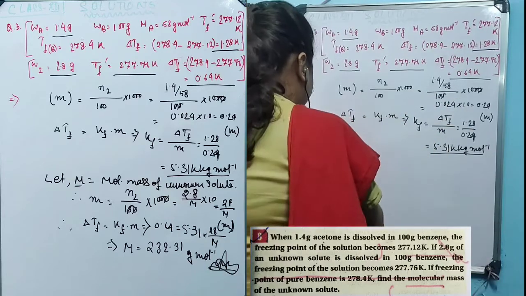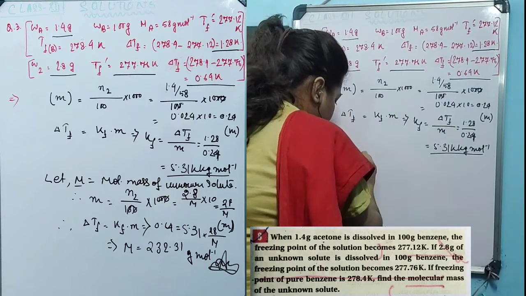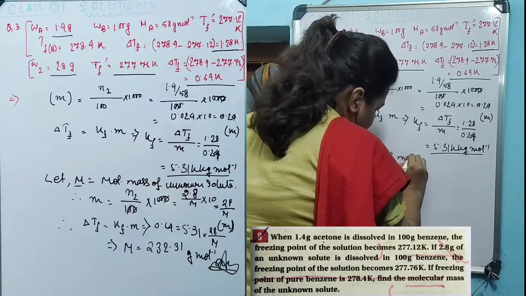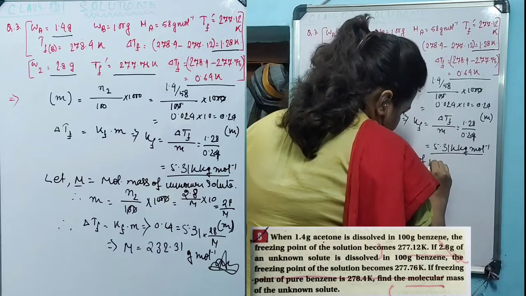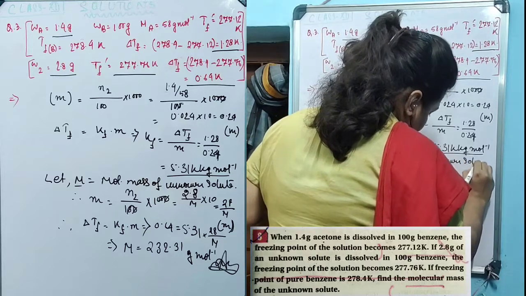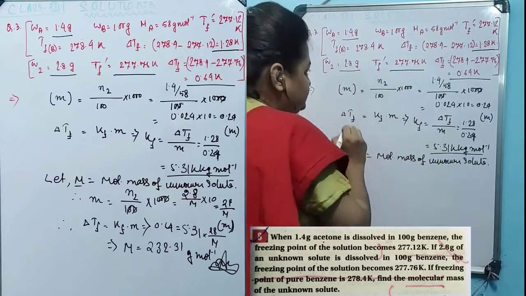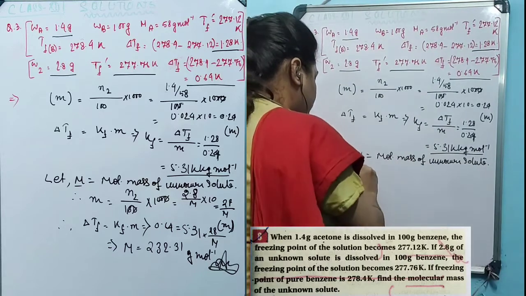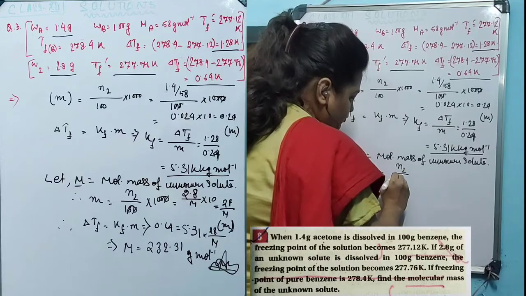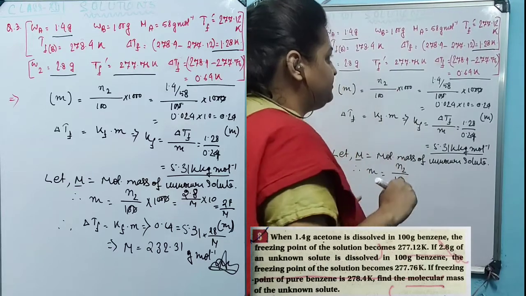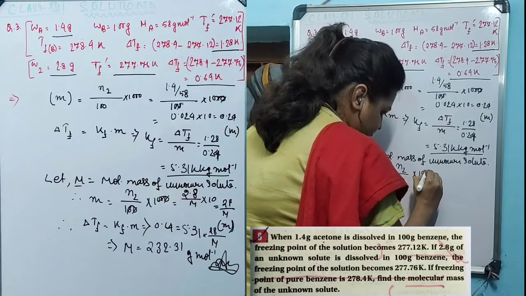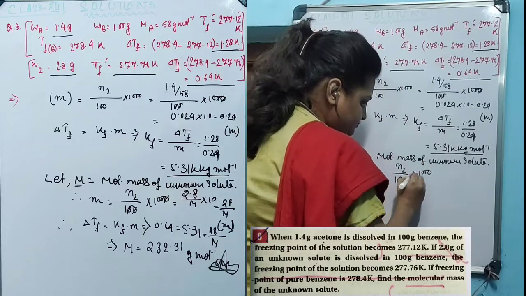Let's assume the molecular mass of the unknown solute to be M. Therefore, the molality will be the mole number of unknown solute by 100 gram mass of the benzene in which it is dissolved, multiplied by 1000.